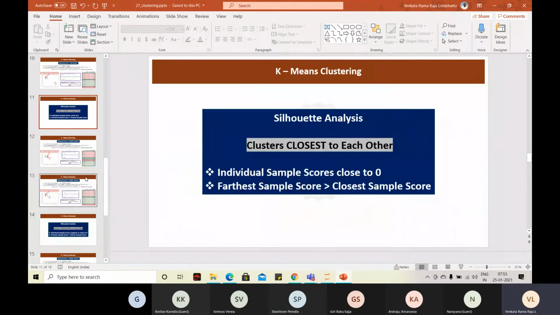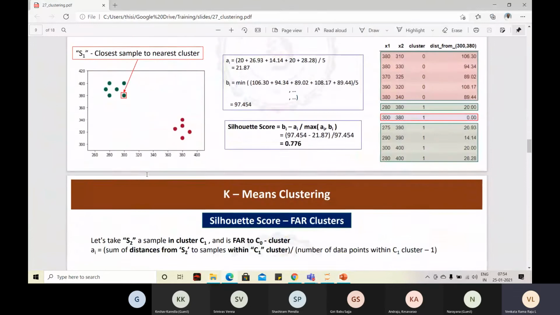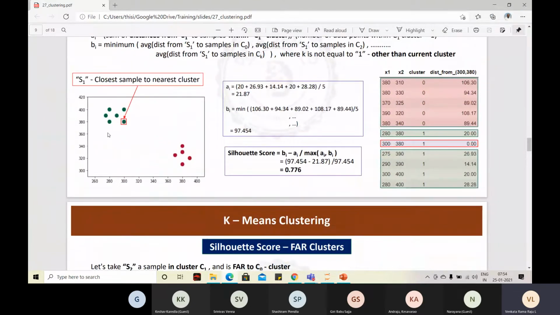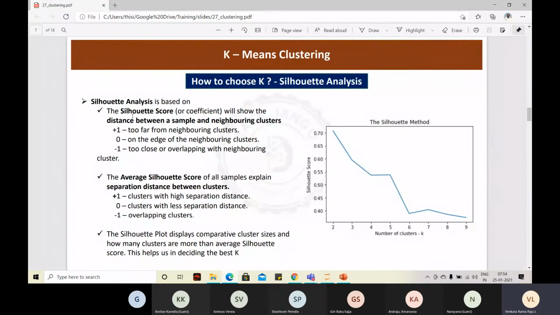If you look at this, this is one cluster, this is another cluster. Okay. So the silhouette score, I said, will show the distance between a sample and a neighboring cluster.